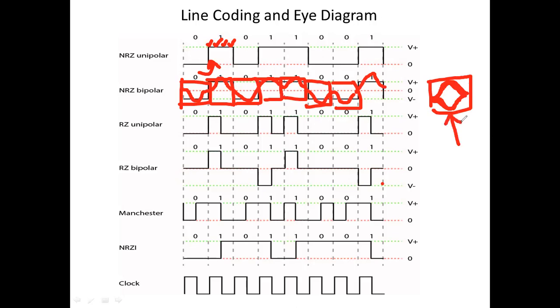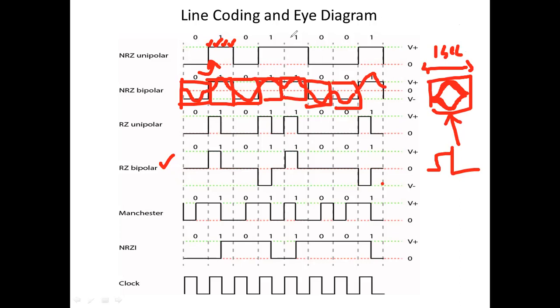Now if I go for an ideal eye diagram for this RZ bipolar, I will be getting a box something like this maybe. If I have a bit duration of say 1 second, then the ideal sampling instant would be 0.5 seconds, right?